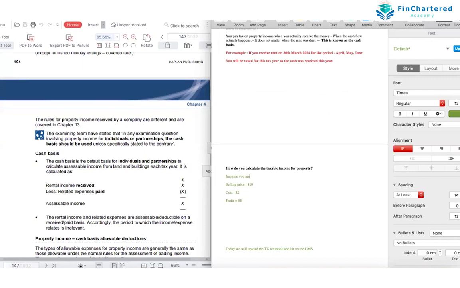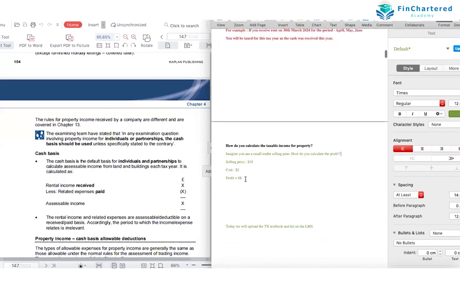Imagine you are a small trader selling pens. How will you calculate profit? Let's keep life simple. Examples I'll put in green. Selling price is 10, cost is 2, profit is 8.